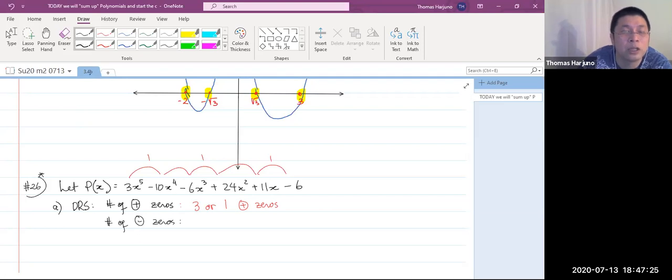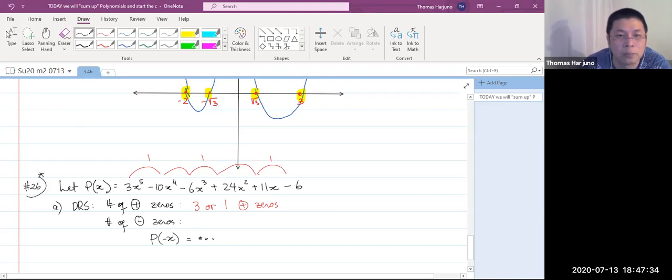Then I need to see what P(-x) will look like. Let me cut one step, but you still need to show the next one here. Basically, if it is an odd exponent, you change the sign. Even exponent, you don't change the sign, because negative x to an even power will still have the same sign.